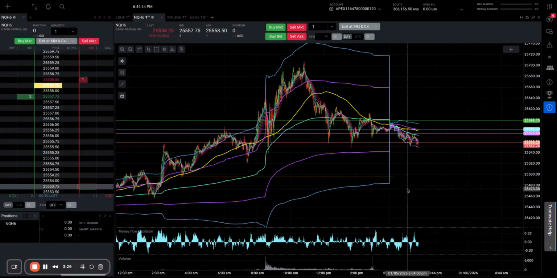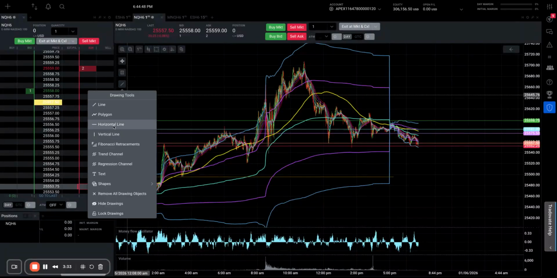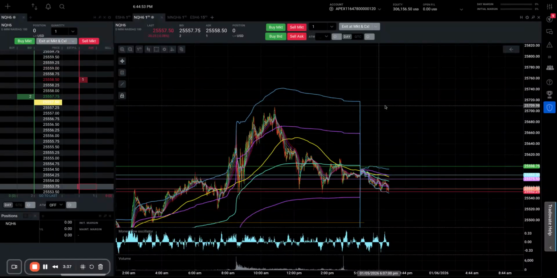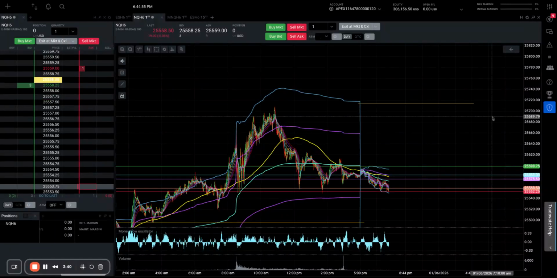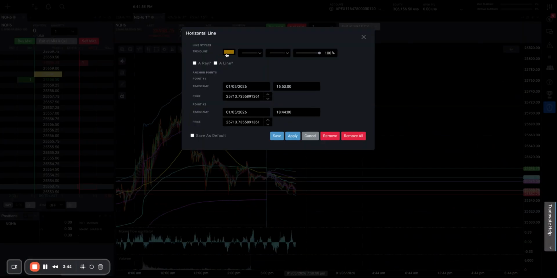Now, if we are trading today, what I always do is I'll mark my level right there, just underneath the top, and I'll make this a dark blue line.